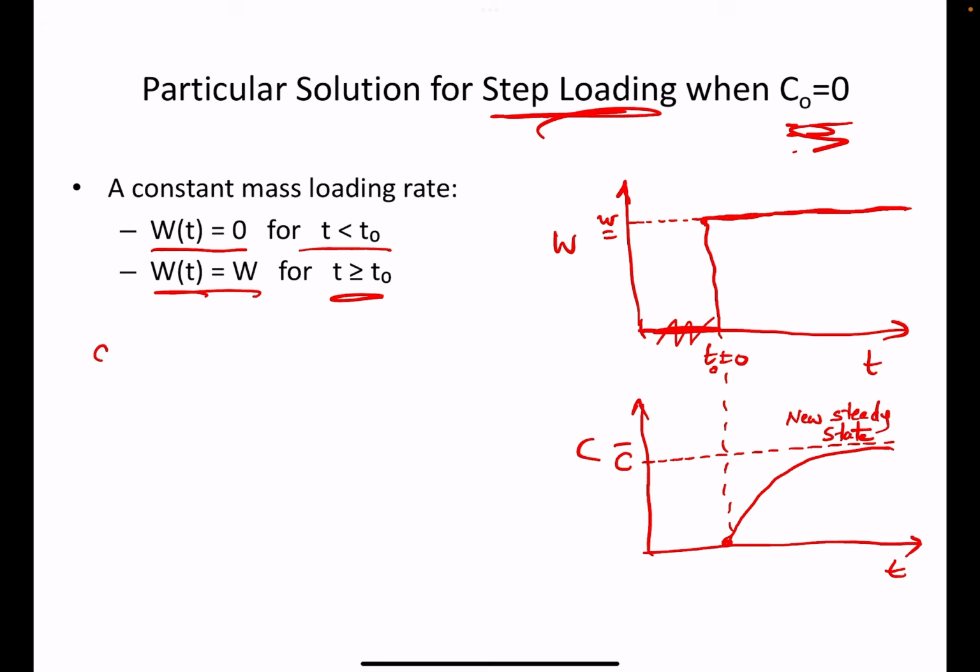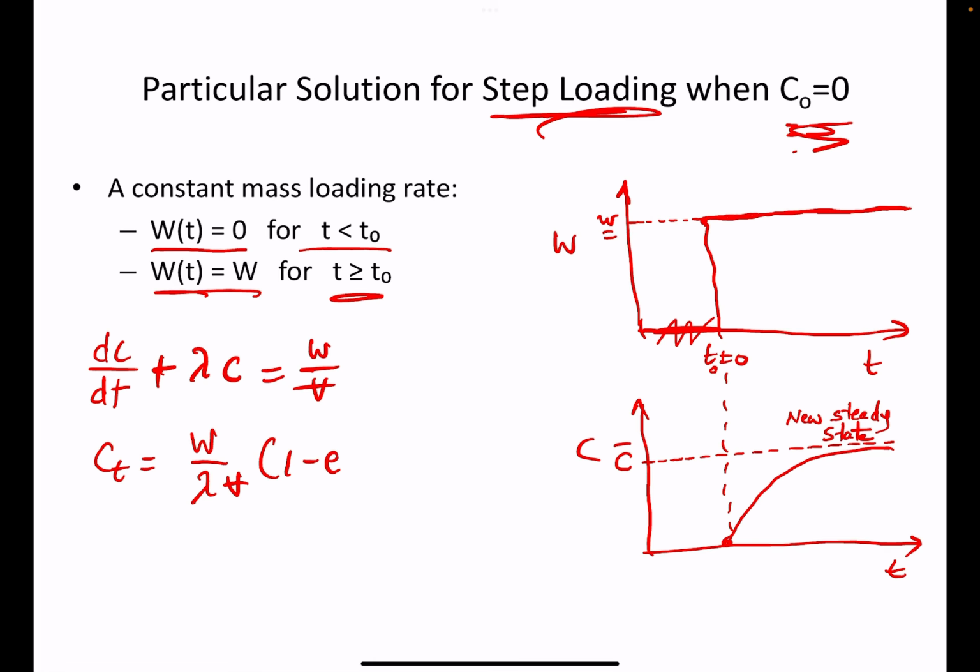If you want to do the equation to graph it later on, dC/dt plus lambda C equals W, loading over volume. And if you solve it, C at any time t equals W over lambda V, times 1 minus e to the minus lambda t.